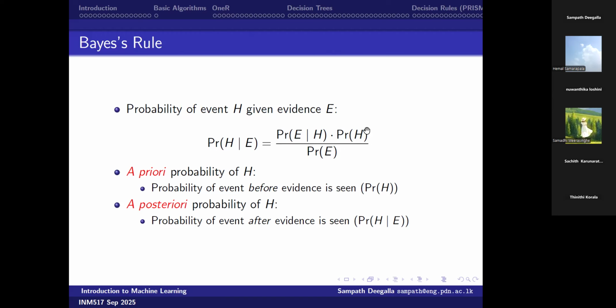And we multiply with the probability of the event divided by the probability of the evidence. This part we don't know, but we can make use of what is already known. When you normalize, this part is cancelled out. So here we have the prior probabilities, and then we calculate the posterior probabilities.